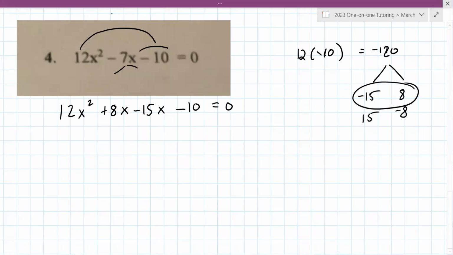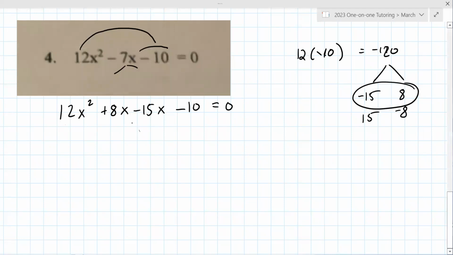Put a line down the middle and find the GCF of the first two, perfect. Yes.